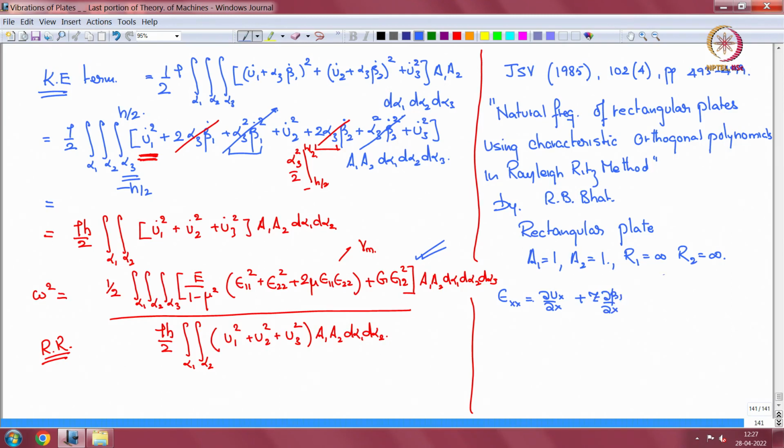What that means is I am taking alpha 1 as x, alpha 2 as y and alpha 3 as z. And if you take pure bending, then ux is 0. The mid plane does not stretch, ux is 0 on the mid plane. So my epsilon xx becomes minus z del 2 w del x square.